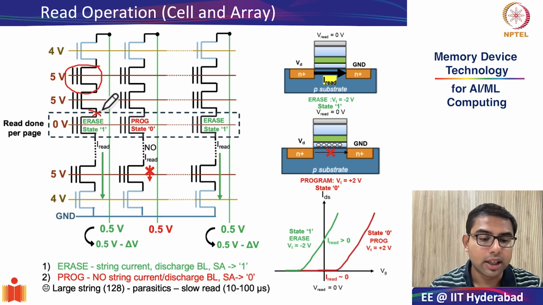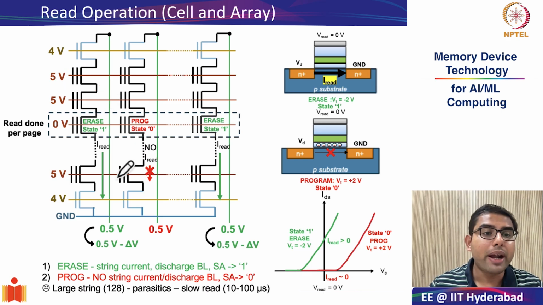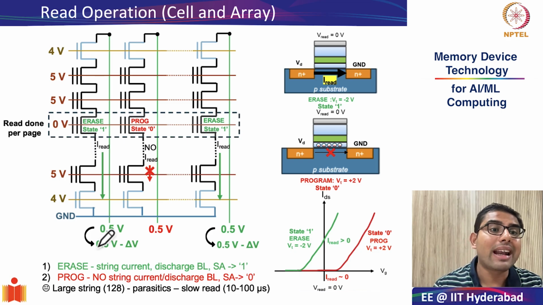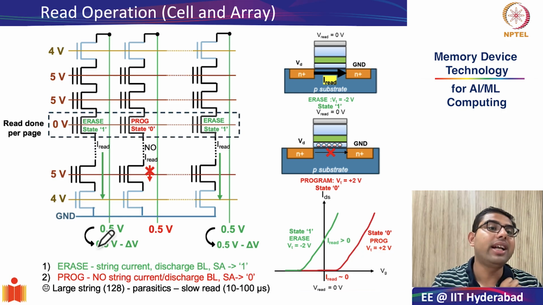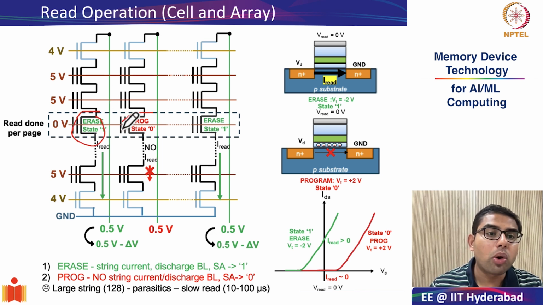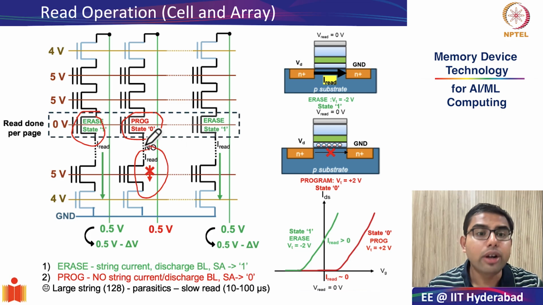Once we do that, depending on whether there is a discharge of the bit line or no discharge of the bit line, we can detect either the erase state or the program state, because the erase state will allow a string current to flow, as it will be in a low resistance state, whereas the program state will not allow the string current to flow.